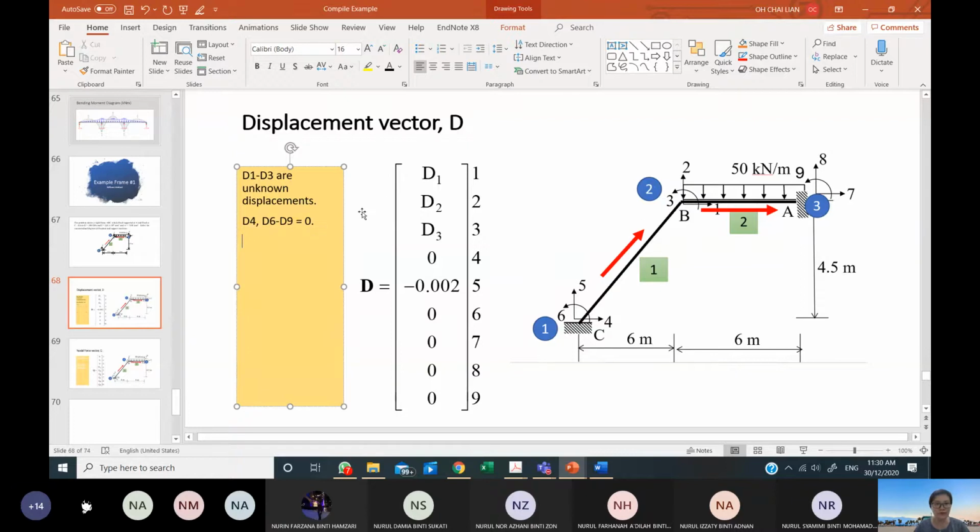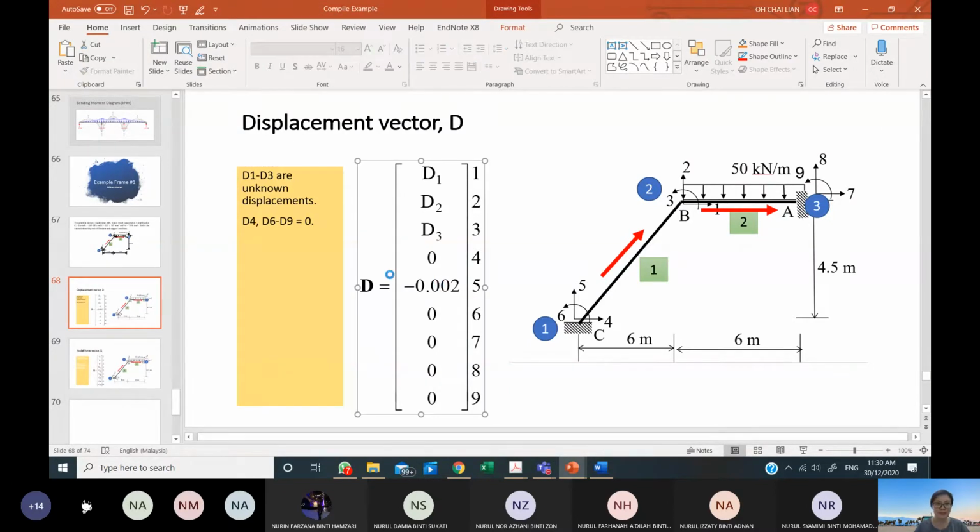And D4 to D9 is equal to 0. Correct or not? Yes. Okay, so we don't have any support settlement, because I modified from an example with the support settlement. If you have a support settlement, you will have a value at the specific locations.